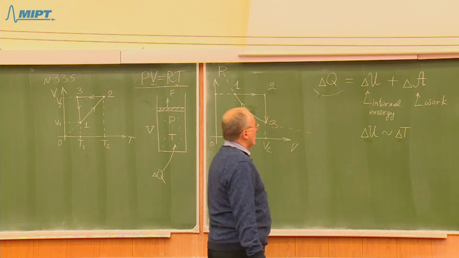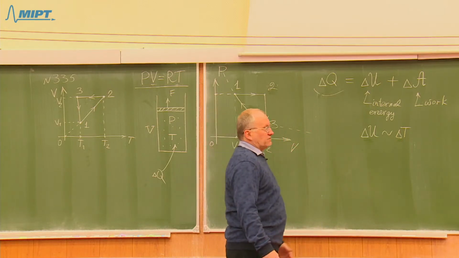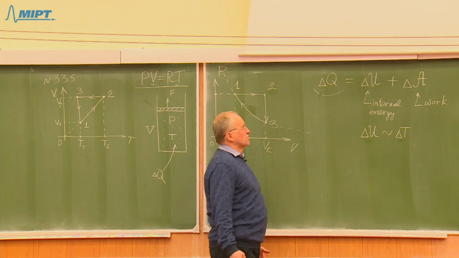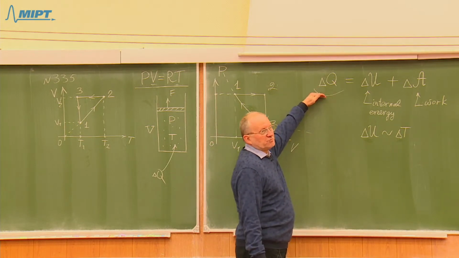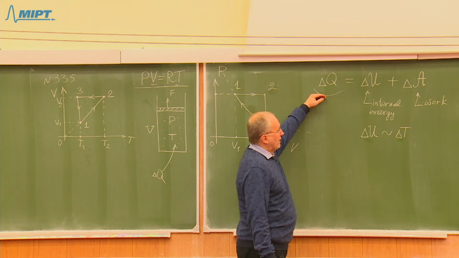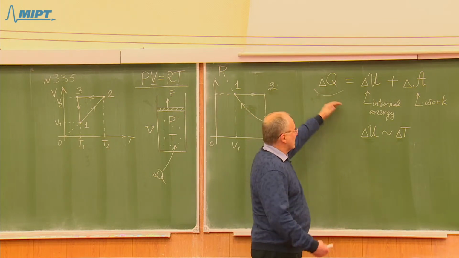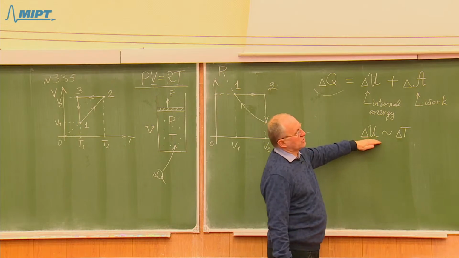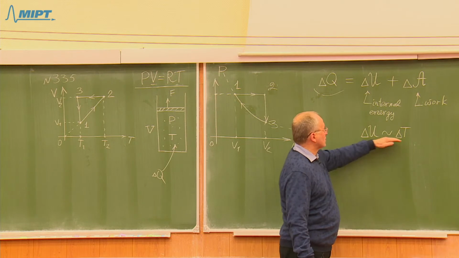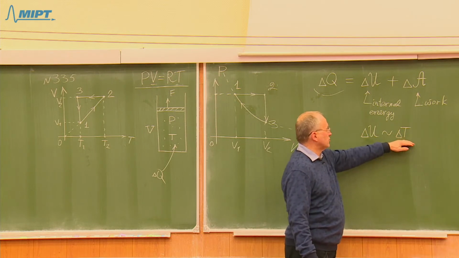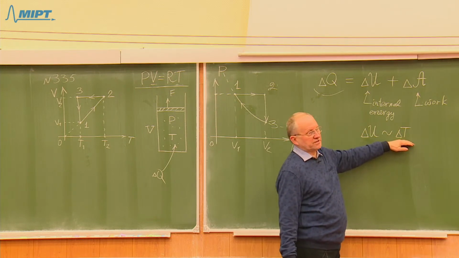Well, what we have stated so far is just the equation of energy balance and the intuitive understanding that the change in internal energy must be proportional to the change in temperature of the ideal gas.